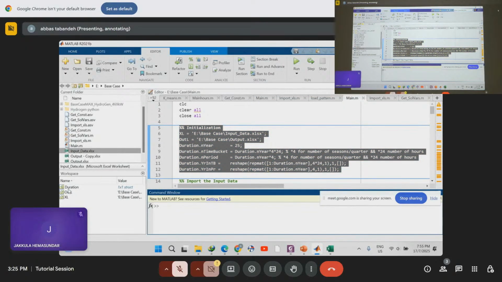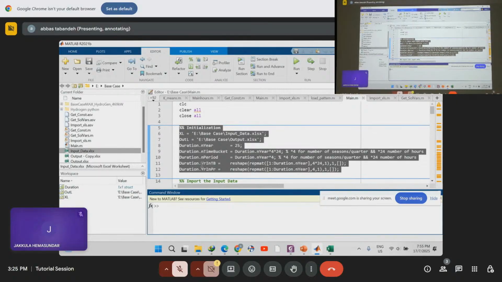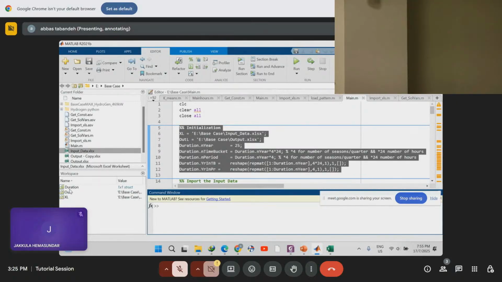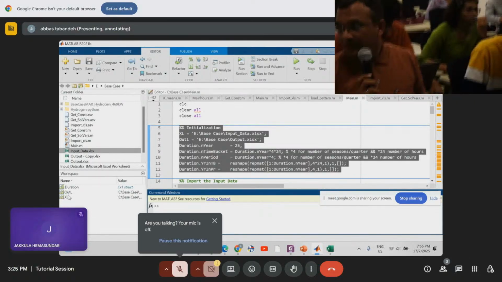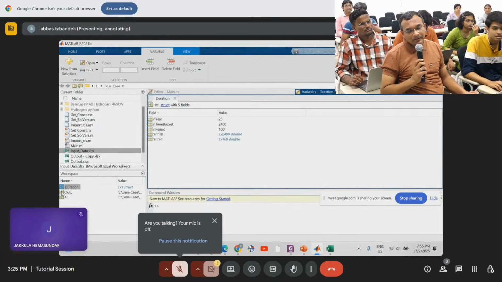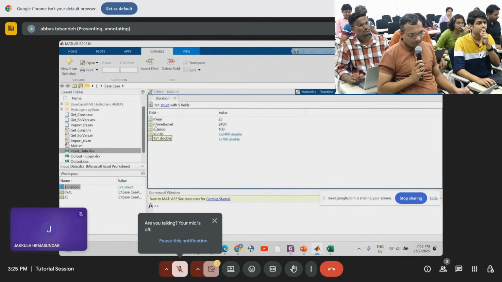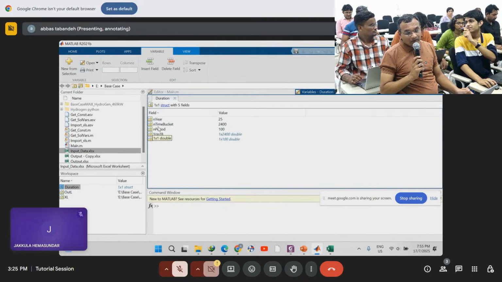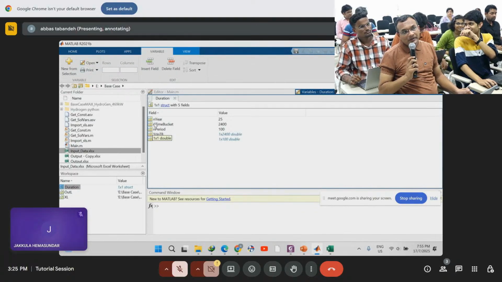Okay, if we go to the duration structure, duration is the structure in MATLAB that includes several different parameters: number of years, time bucket, and so forth. This one is the workspace here. If we click on the duration, we can see n year, time bucket, and period.